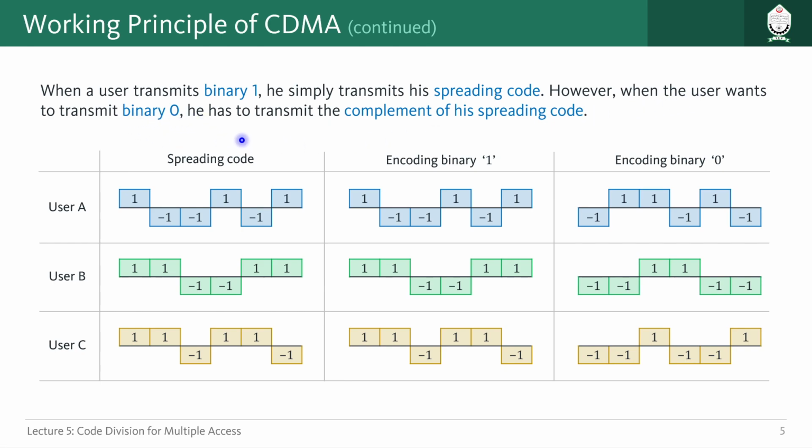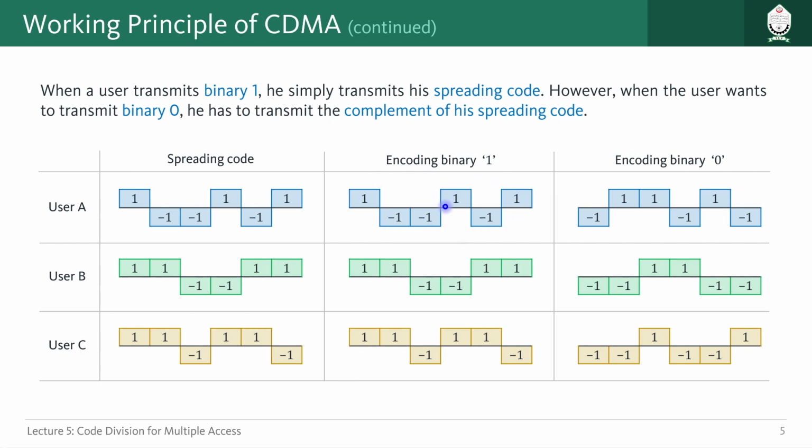We take the complement of our spreading sequence and send that. To understand that, look at this example. For user A, this is our spreading sequence. If user A wants to transmit binary 1, he has to transmit the same spreading sequence that is assigned for him. Exactly that one will be transmitted.